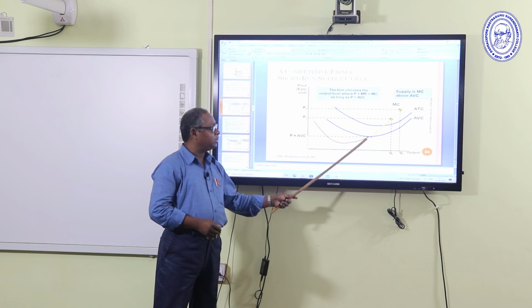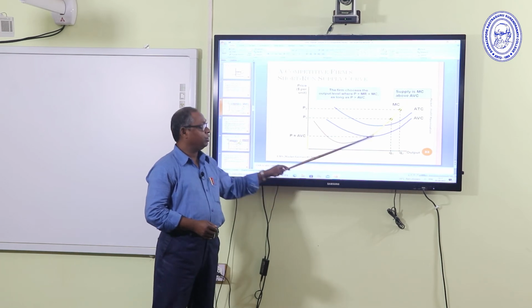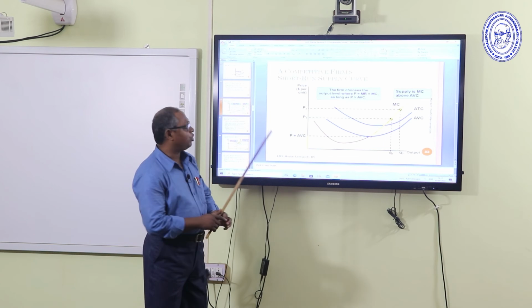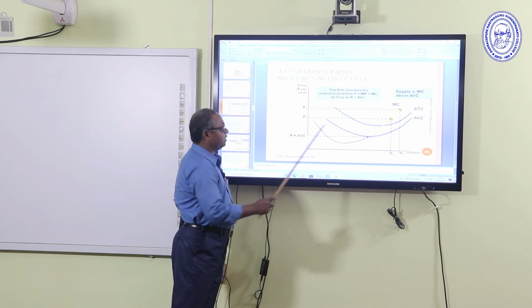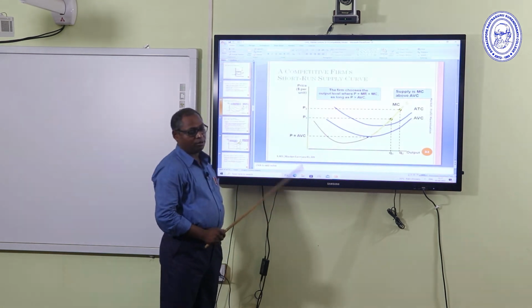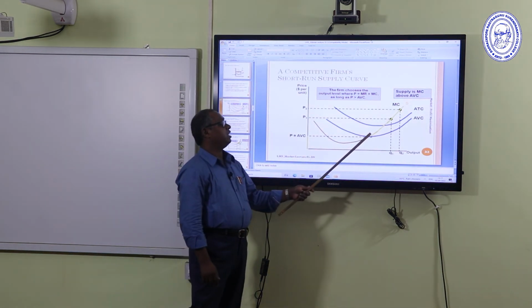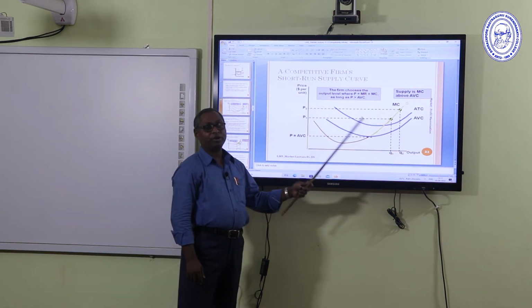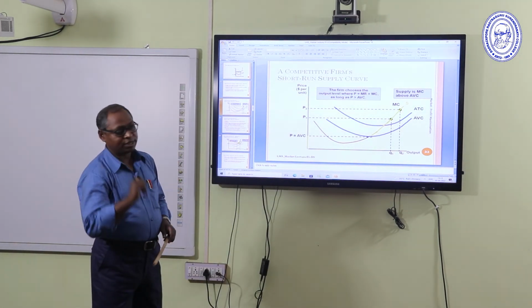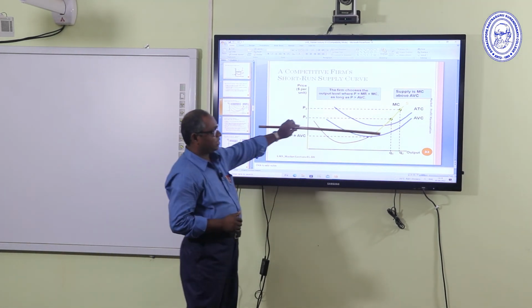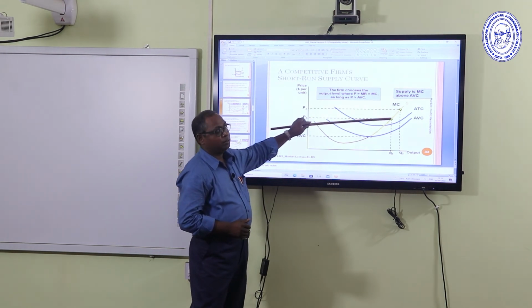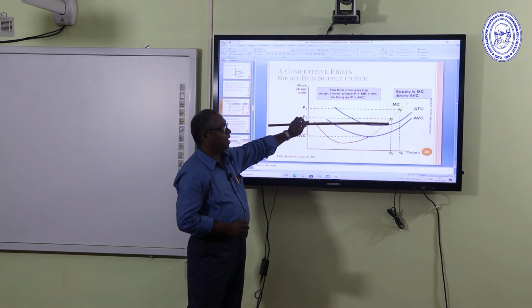But if price equals minimum AVC or more, then the firm will supply something, because at each and every price above and equal to minimum AVC, there is an equilibrium for each specific crossing point of the MC curve and the price line. So for each and every point of the yellow MC line, there is a price and there is an equilibrium.